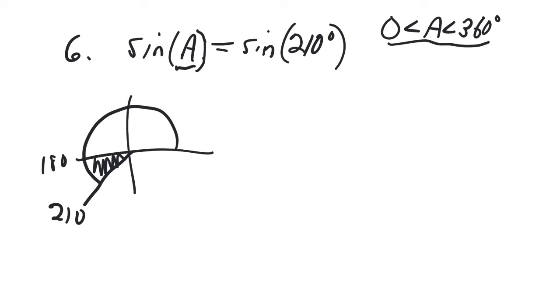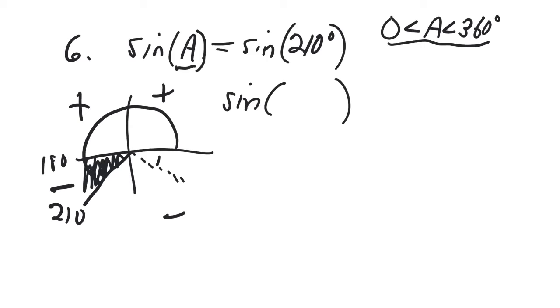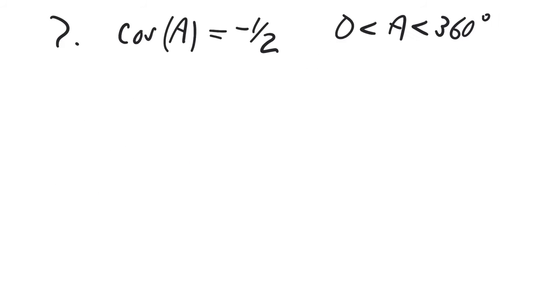But remember, sine is a negative number there, and it's a positive number in the first and second. So the angle I'm looking for has to be in the fourth quadrant, but it has to have a reference angle of 30 degrees. So basically, it had to be 330. And that's the answer we were looking for in that problem.